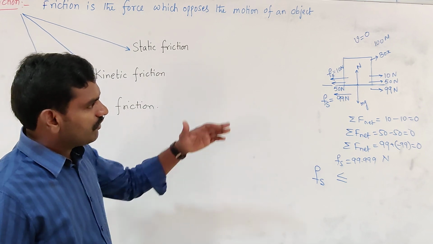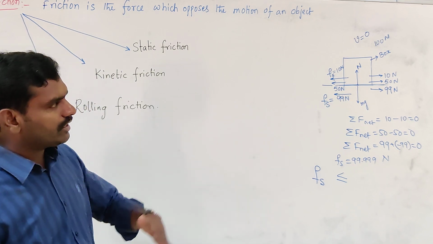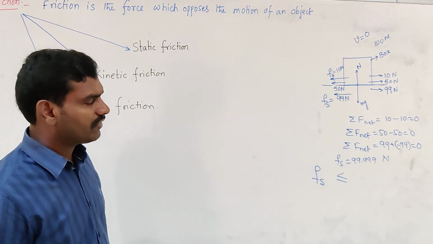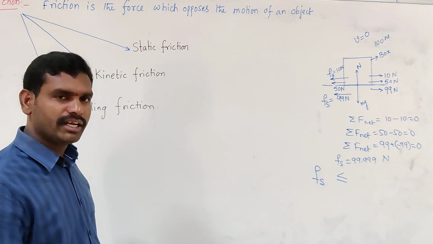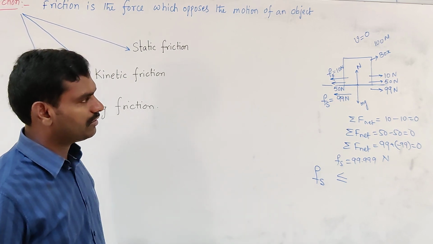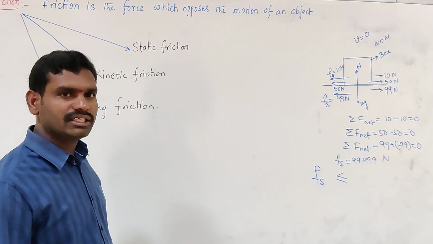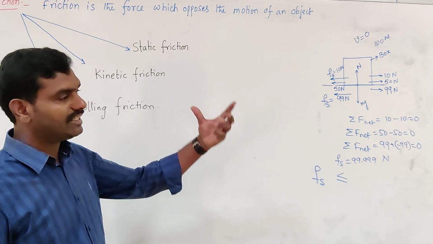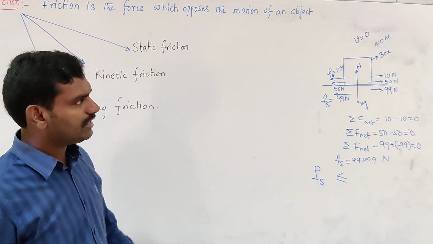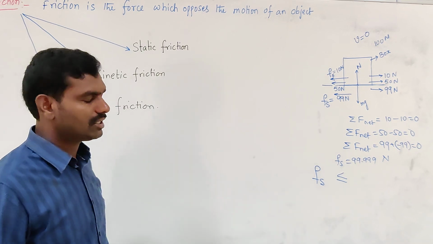If I apply 10 newtons of force, static friction is 10 newtons. If I apply 50 newtons of force, the static friction is 50 newtons. If I apply 99.9 newtons of force, again the static friction is 99.9 newtons. The minimum amount of force needed to put the body in motion, which we considered to be 100 newtons. When I apply 100 newtons of force, the body will be ready to move.